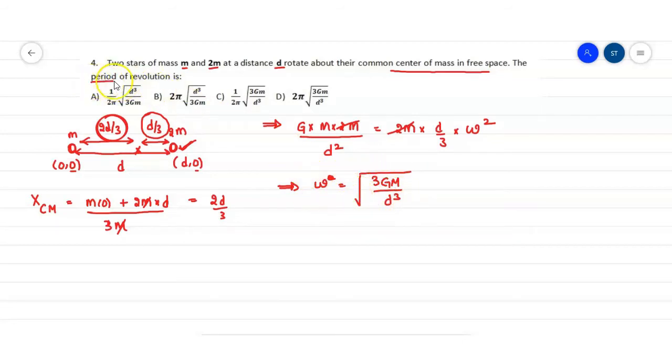We want the time period. Time period can be written as 2 pi by omega. T will be equal to 2 pi upon omega. So this will be equal to 2 pi into the square root of d cube upon 3Gm. So if we cross check the options, option B will be the correct choice, 2 pi into root of d cube upon 3Gm. So option B will be the correct option for the given question.